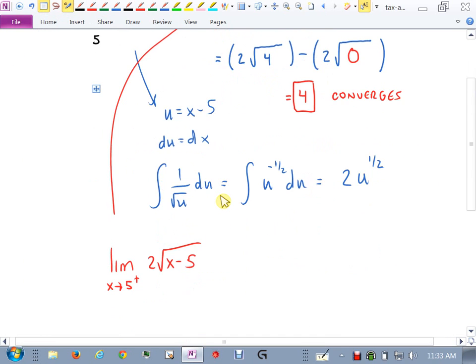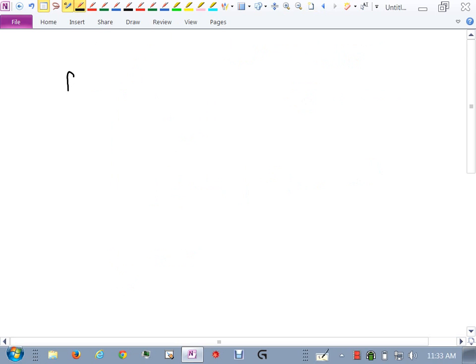Okay, let's try another one. All right. How about the integral from -3 to 0 of 1 over x plus 3 dx.